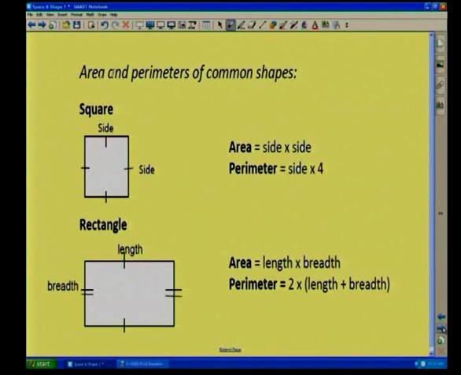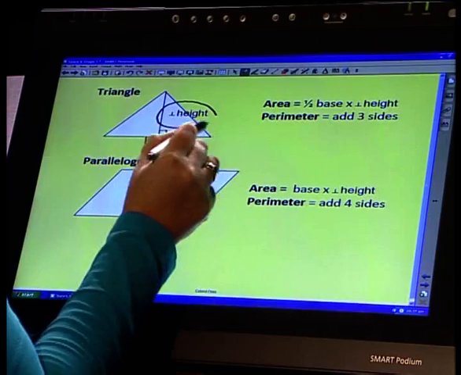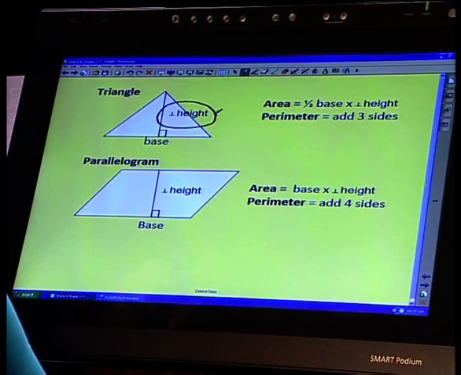These are the common formulas that you would be using to find the area and perimeter of squares, rectangles. I'm not going to go through these as they usually are given to you, and they are also on your formula sheets. Triangles, parallelograms. Please note with a triangle and a parallelogram that you need to use the perpendicular heights.